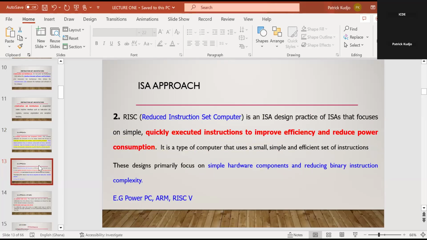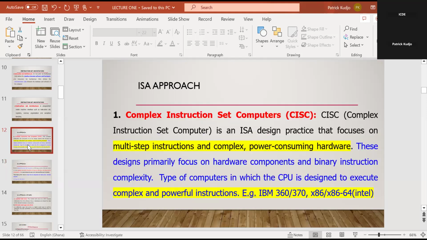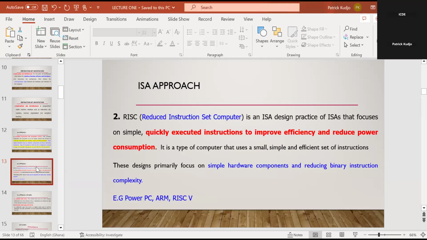Reduced binary instruction complexity. Just as I gave you an example for the complex, over here as well, we have some examples for the reduced instruction set computer. Any question?